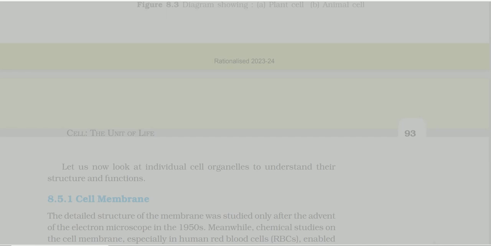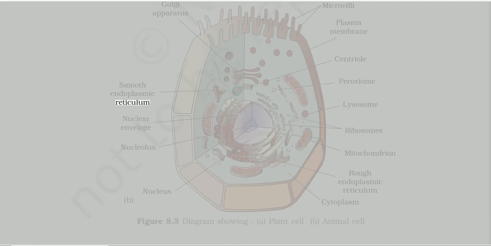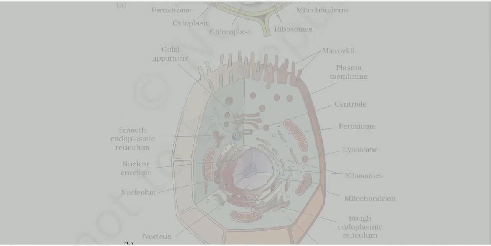Figure 8.3 diagram showing A. Plant cell, B. Animal cell. Golgi apparatus. Smooth endoplasmic reticulum, nuclear envelope. Nucleolus. Nucleus. Microvilli, plasma membrane. Centriole. Peroxisome. Lysosome. Ribosomes. Mitochondrion, rough endoplasmic reticulum, cytoplasm.